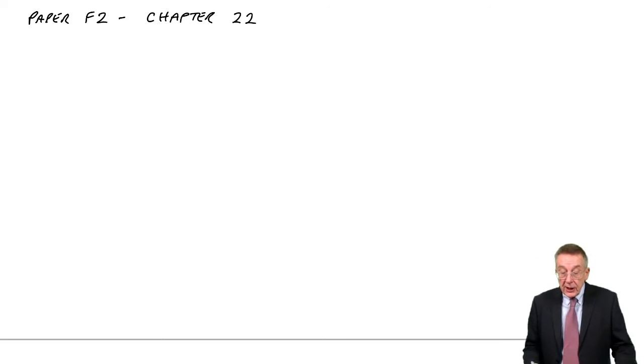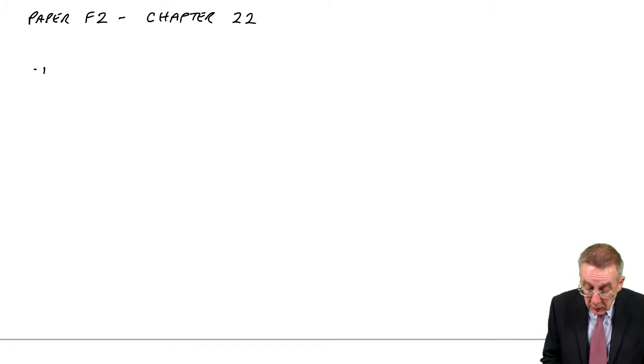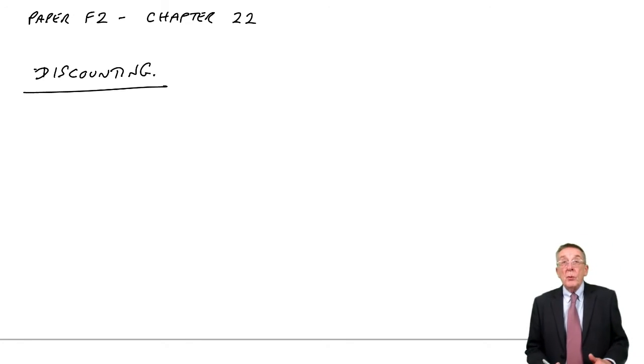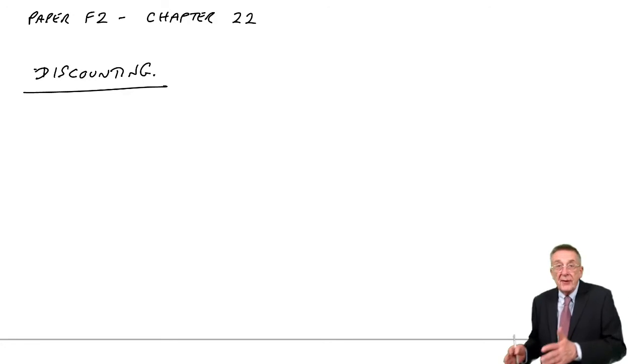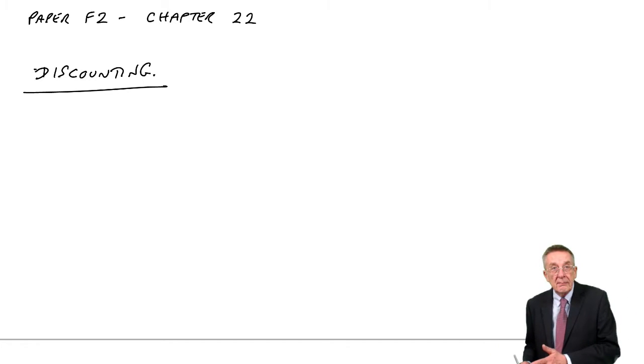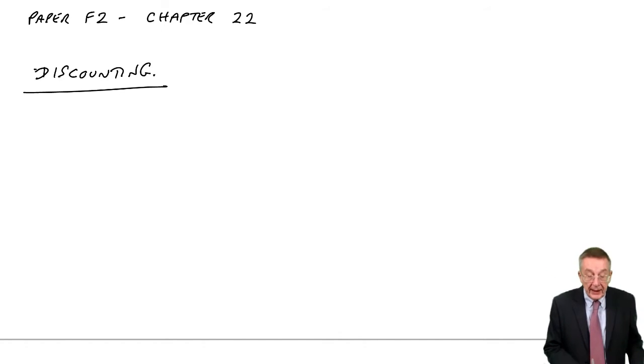Well, in this second lecture, we're going to effectively do it backwards and look at something called discounting, where instead of adding on interest and finding out how much we'll have at the end of 3 years, 5 years, or whatever, we effectively do it backwards.